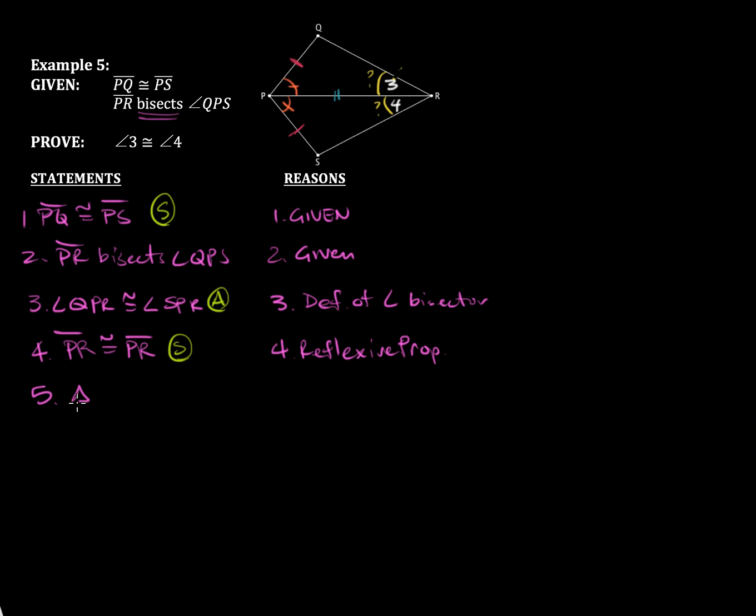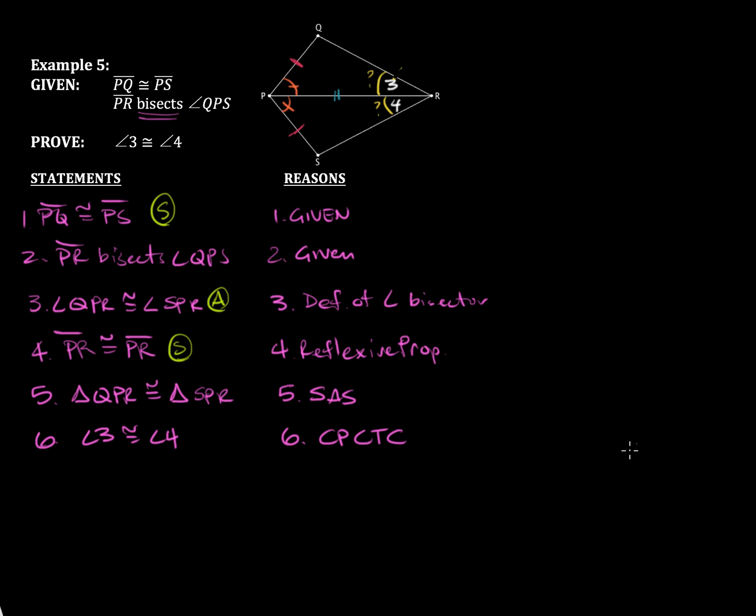That's enough to say that triangle QPR is congruent to triangle SPR, with the reason of side angle side. And once the triangles are congruent, angle 3 would be congruent to angle 4, because those are corresponding parts of congruent triangles, so they have to be congruent.